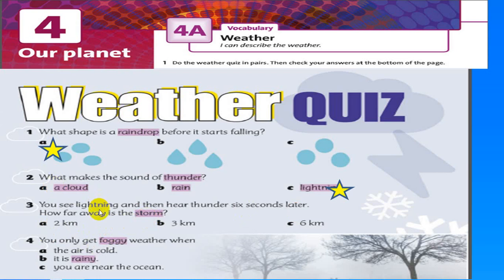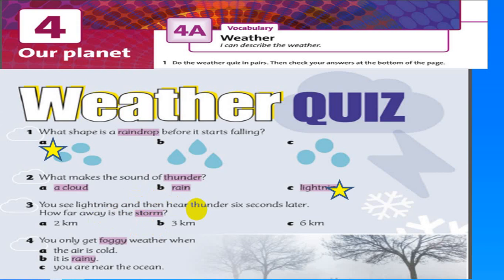You see lightning, and then hear the thunder 6 seconds later. How far away is the storm? A. 2 kilometers, B. 3 kilometers, C. 6 kilometers.